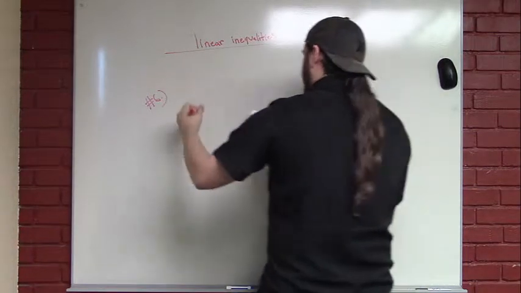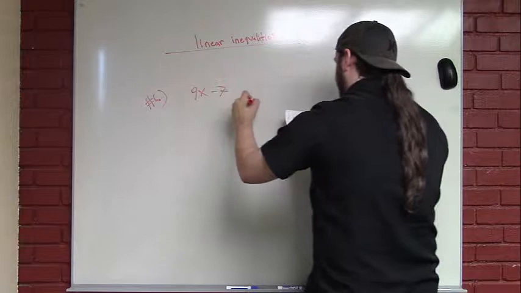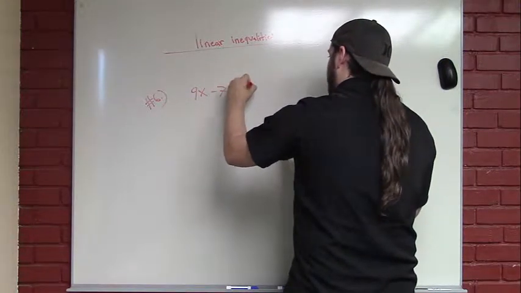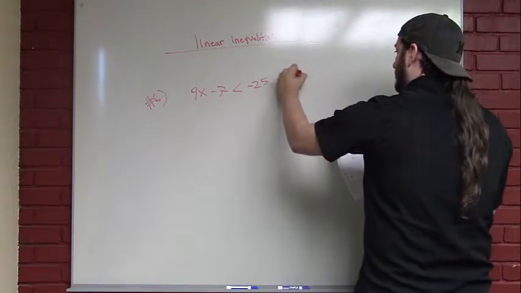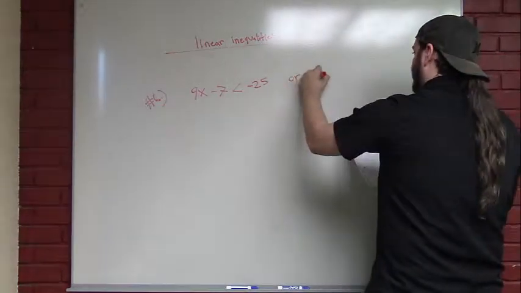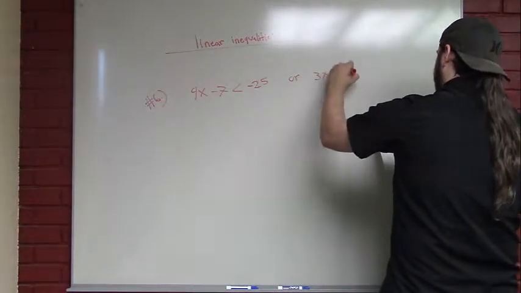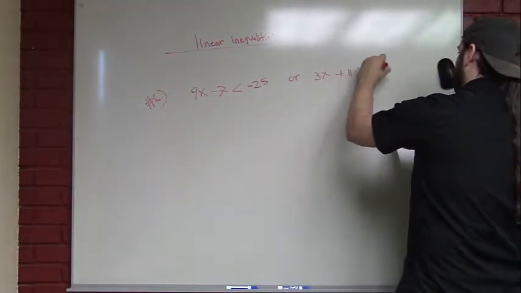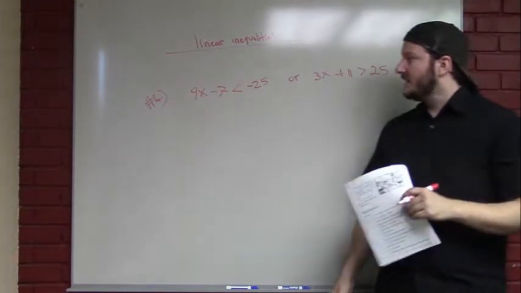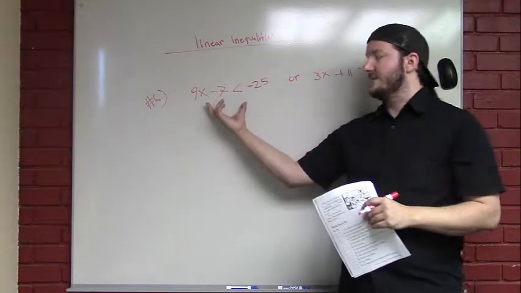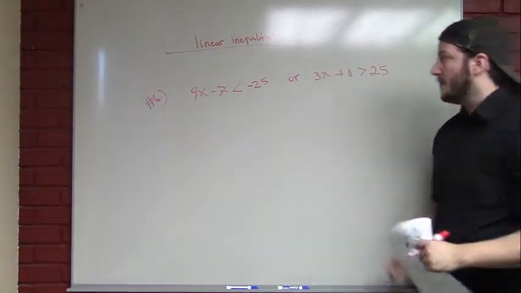Okay, so we have 9x minus 7 is less than negative 25, or 3x plus 11 is greater than 25. So it's a little different. Let's put an or here. Okay, so all we're going to do is start off by solving each of these individually, okay?